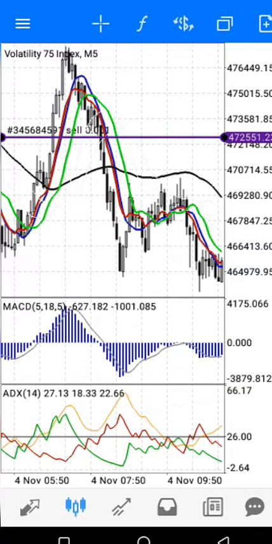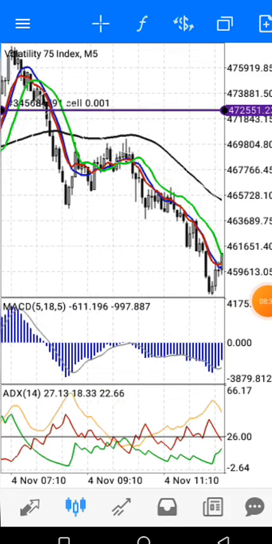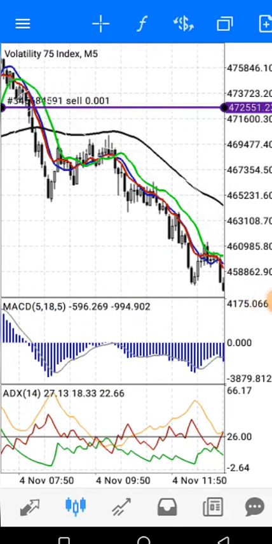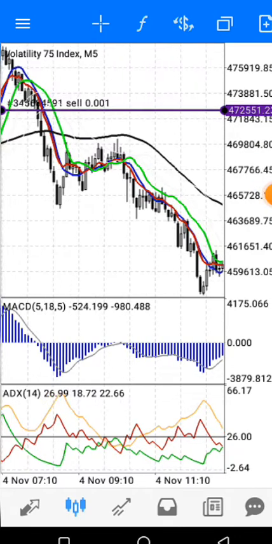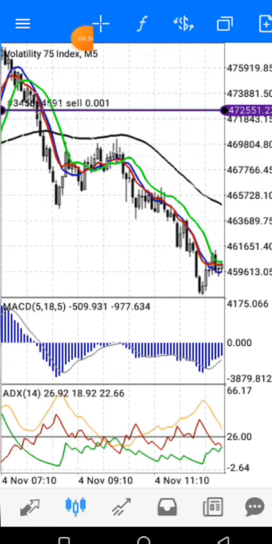Here is where you enter your trade. Then the market sold from here to here. What you need to do is lock your profits. When you enter from here, you put your stop loss around here. The market sold from here to here.